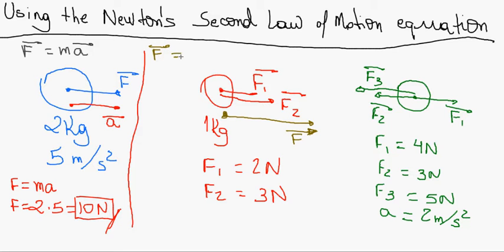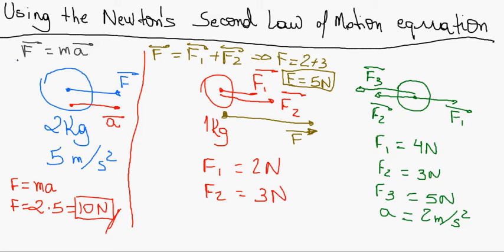The net force is the vector sum of F1 and F2. Just using the magnitudes, F is equal to 2 plus 3, so F is equal to 5 newtons. The net force is equal to 5 newtons.